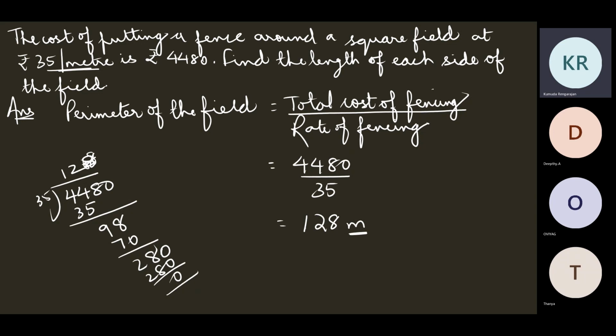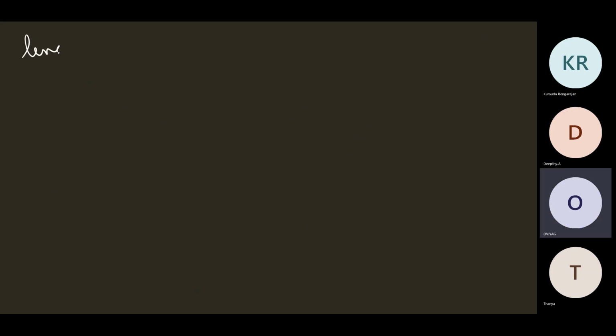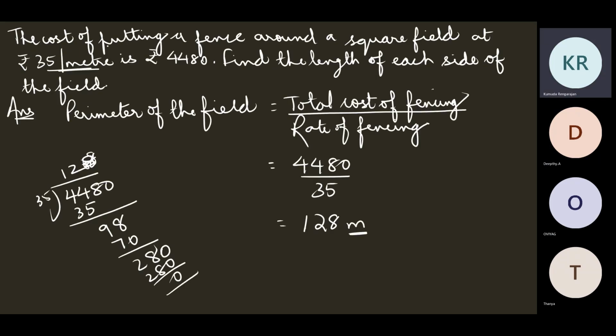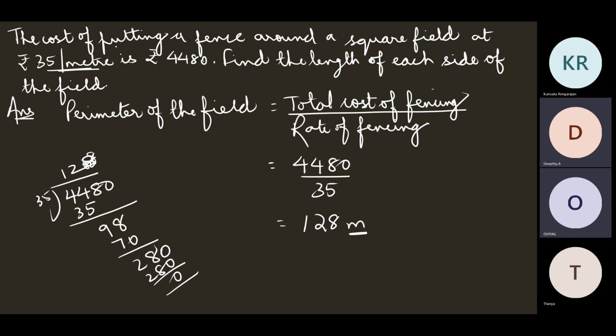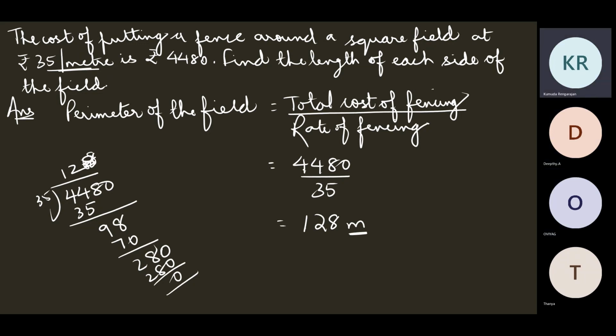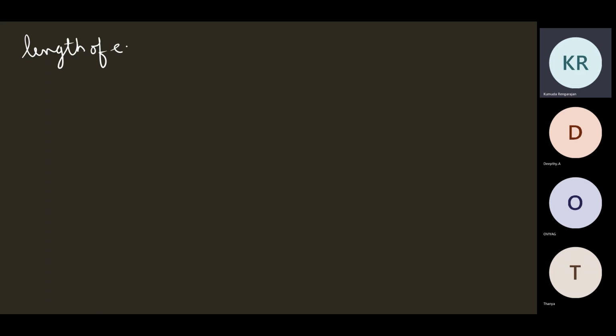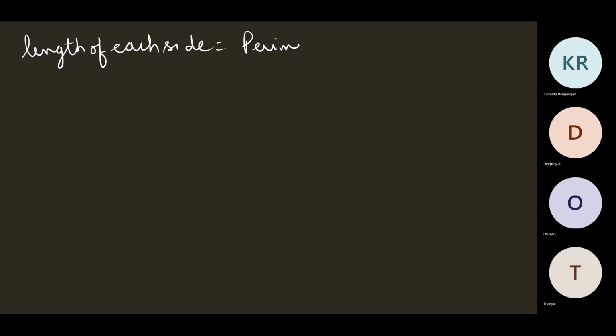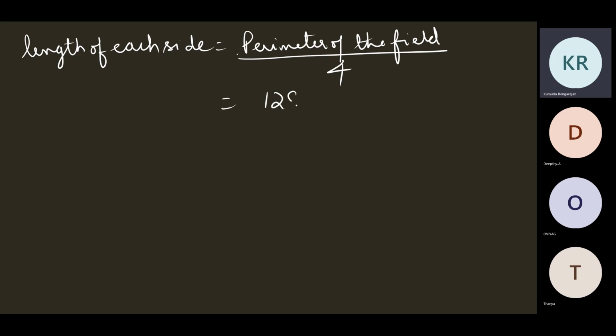And that is 128. So what will be the length of each side, children? Perimeter divided by? Perimeter divided by 128. No, not perimeter divided by 128. Divided by 4. Length of each side is equal to perimeter of the square field divided by 4. 128 divided by 4.